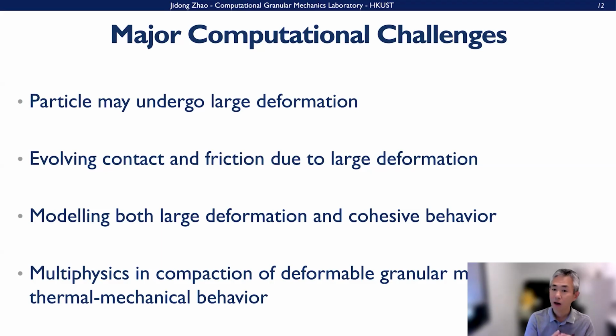This is indeed a desirable property: how we really use it to manufacture tablets and other things here. So the deformation and evolving contact will affect their friction, cohesion and overall behavior here, right?